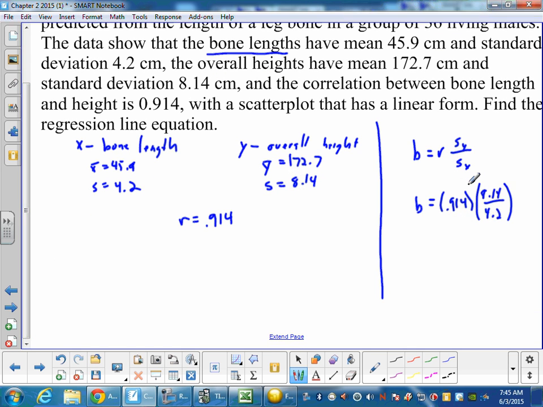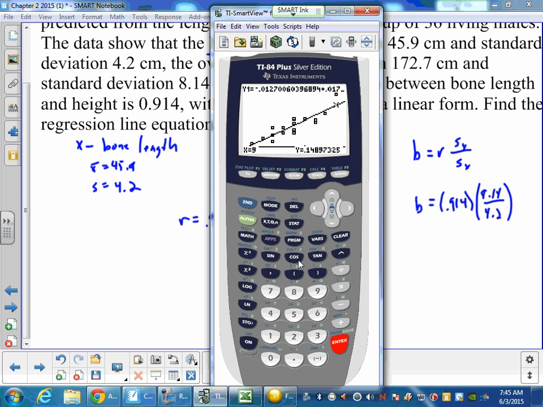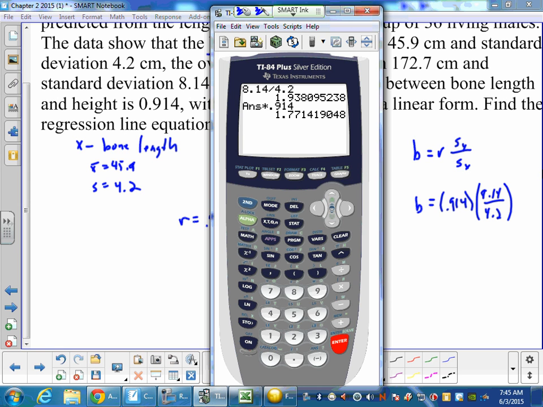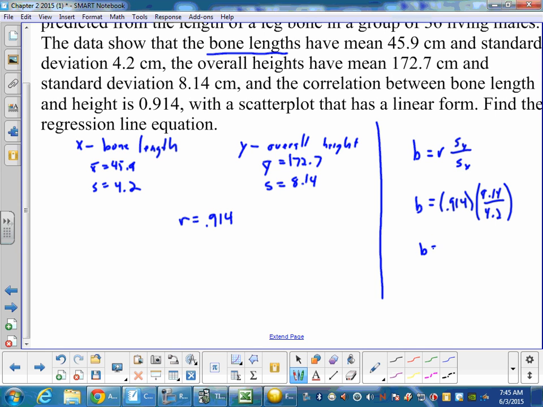So I'll just plug that into the calculator. 8.14 over 4.2, and then I'm going to multiply that by 0.914. So our b value is 1.77.